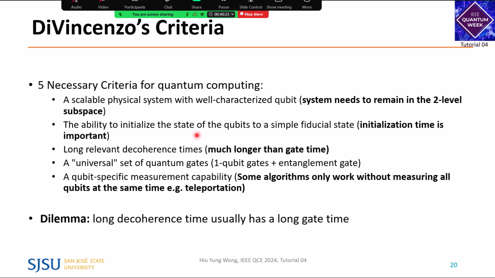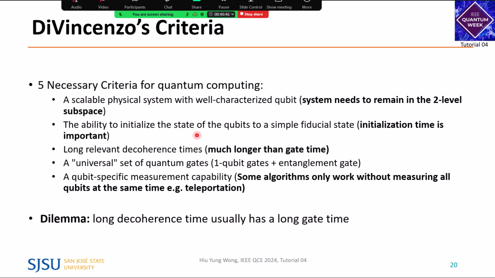Second is that you should be able to initialize it. This looks very trivial. Initialize the state to 0. But it is very important because many quantum algorithms rely on the initialization of the qubit, either at the beginning or in the middle of the algorithm. So you should be able to initialize it with high fidelity.